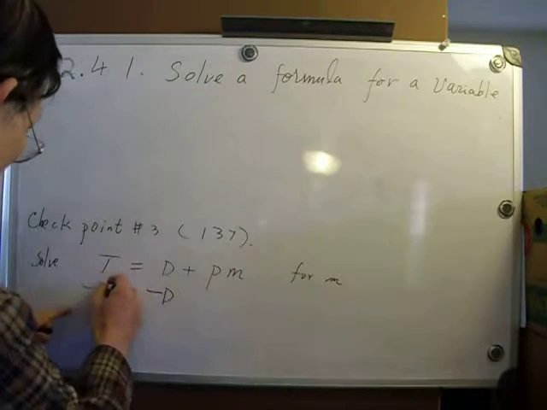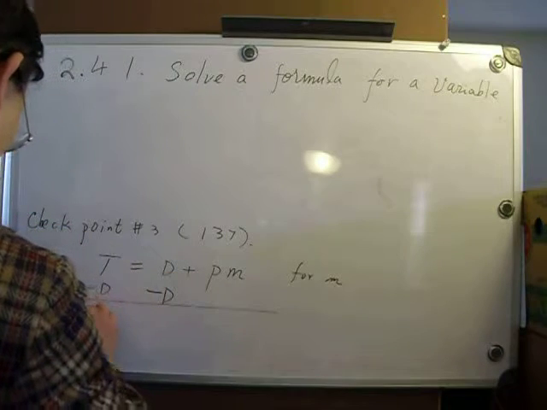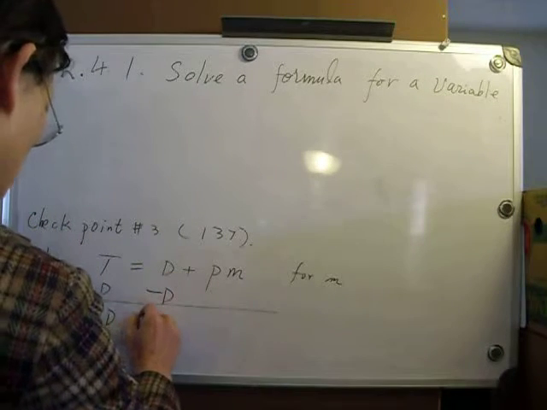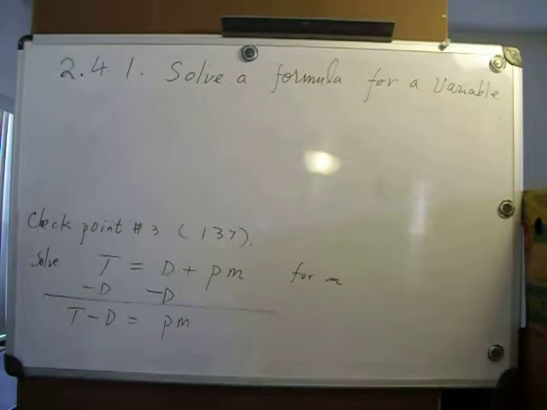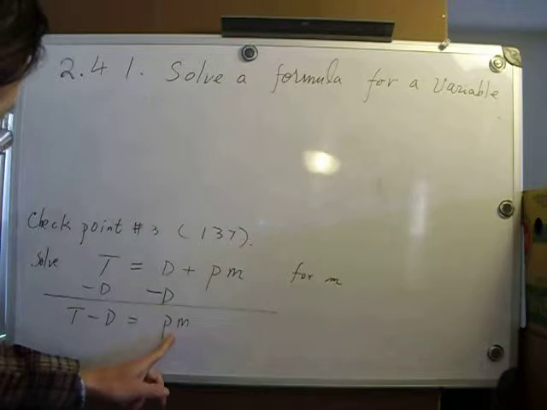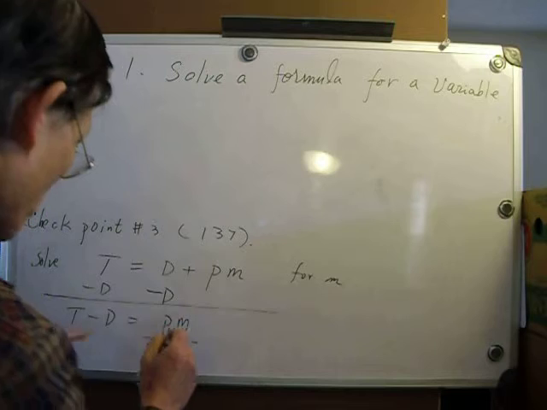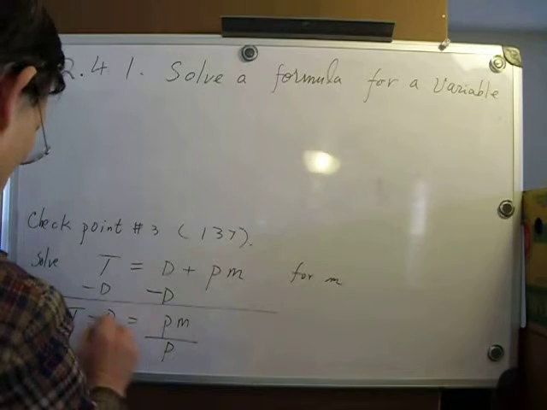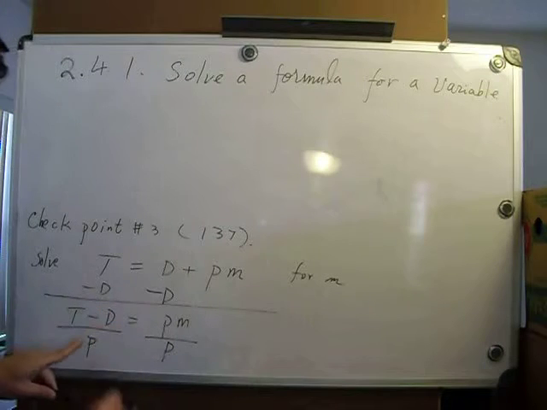You subtract the d, effectively moving this d to the other side of the equation before you deal with this m. Now you can deal with this m. Since p is multiplied by m, you always undo that by dividing. Be sure the fraction bar is long enough to cover these two.